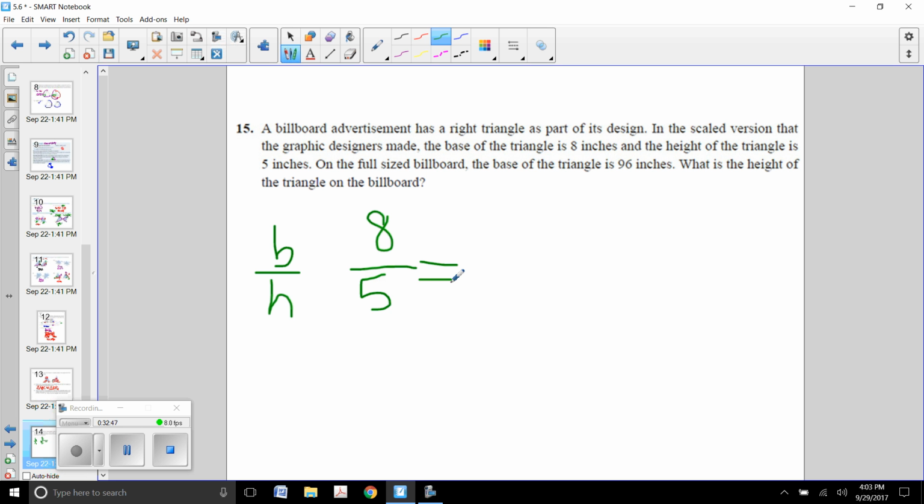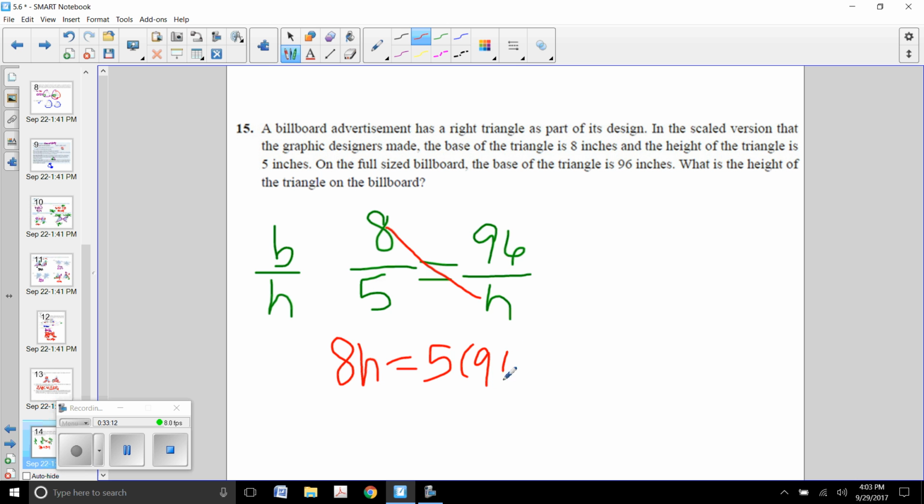On the full-size billboard, the base of the triangle is 96, so that goes in the numerator. What is the height of the triangle? We don't know this height, so that's going to be our unknown H. So we'll do our cross multiplying to get 8 times H is the same amount as 5 times 96, and then solve it.